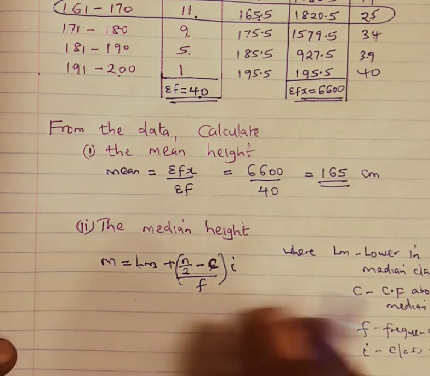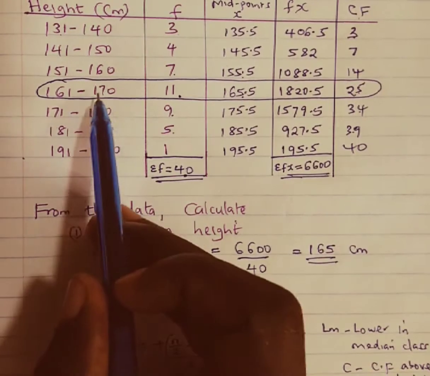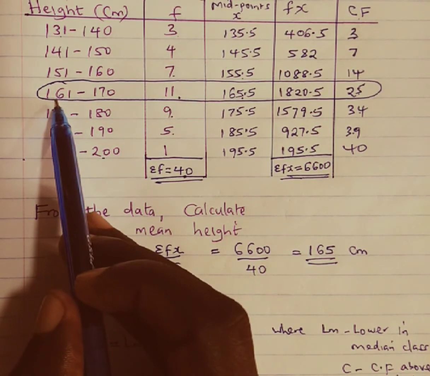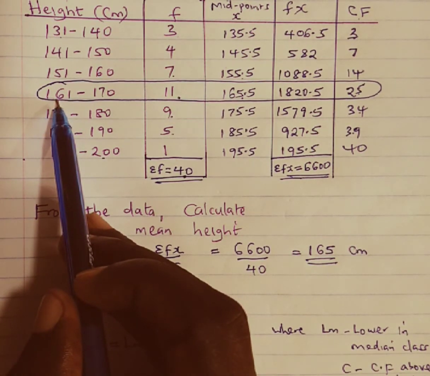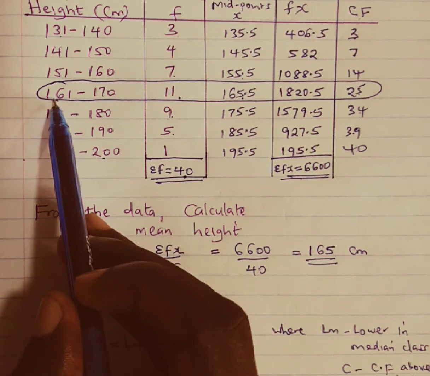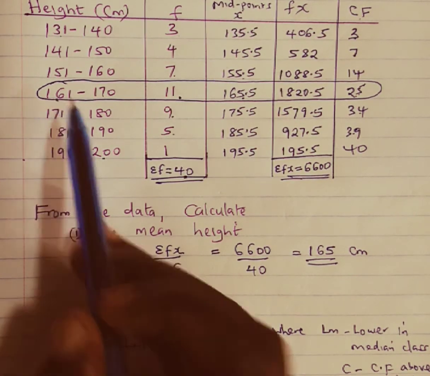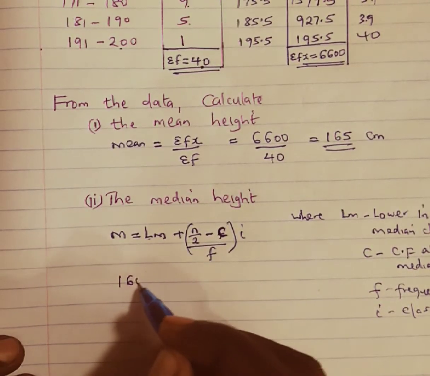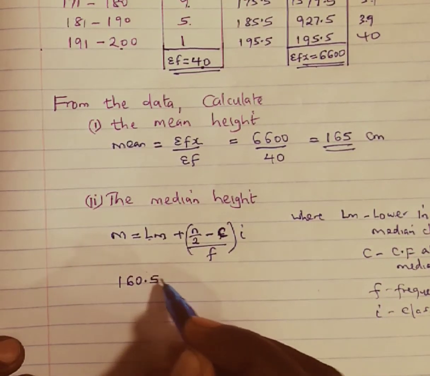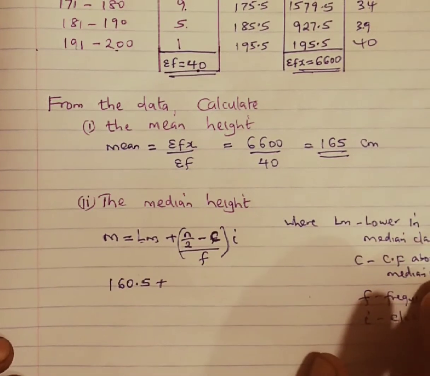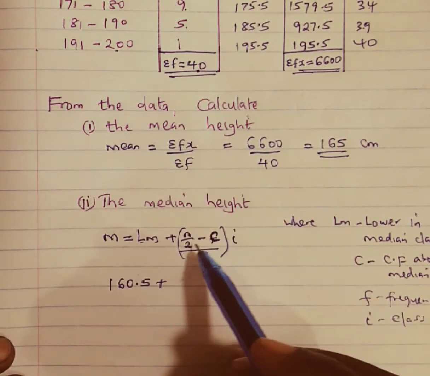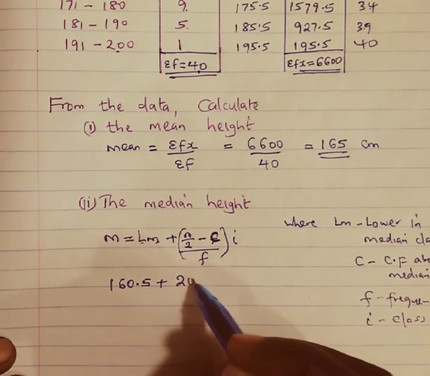So we only need to substitute the figures into the formula. For the lower limit in the median class, we take this lower number here, then we less 0.5 to get the lower class limit. If you take 161, you less 0.5, that gives us 160.5, plus n, the total frequency, which is 40. 40 divided by 2, you get 20.